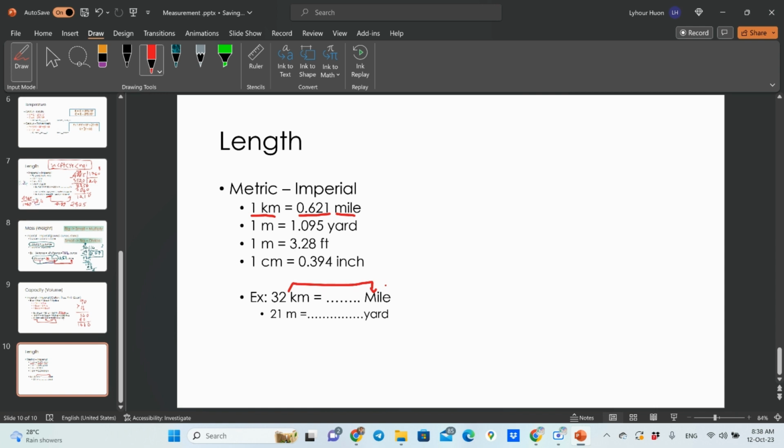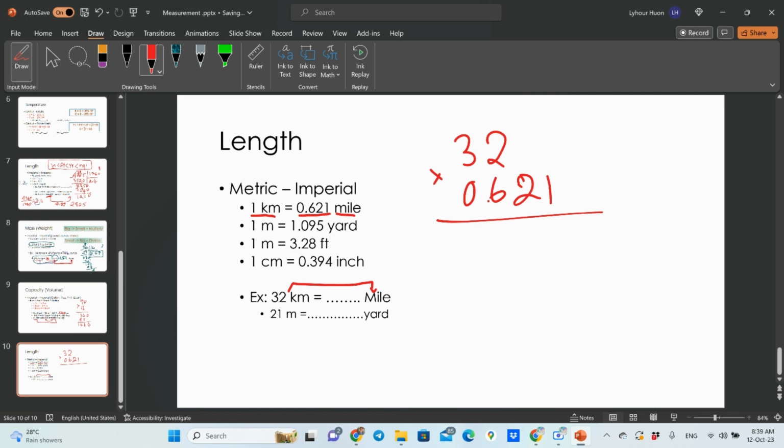Do we need to do the multiplication? Yes, multiplication. So 32 times 0.621.